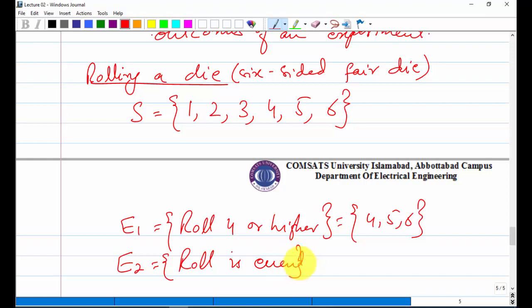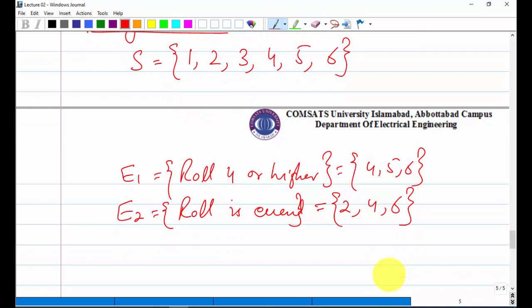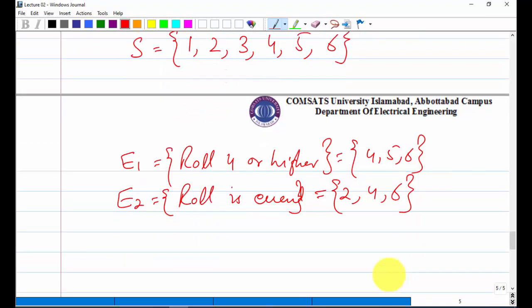So we can say 2, 4, 6, and so on. We can define any event depending upon whatever our experiment is. So we can have a group of outcomes from an experiment.